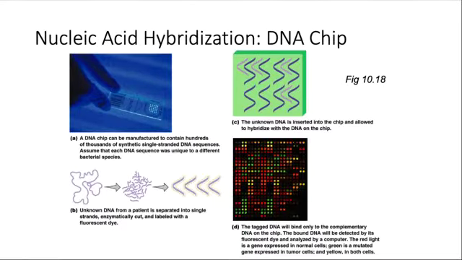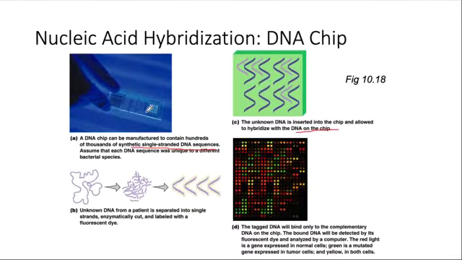So for the DNA chip, this is how it works. You would have a DNA chip, as you have in the picture, that will be manufactured mainly by industries. The goal is to have single-stranded DNA sequences that, let's say, are very specific to different bacterial species. If you have an unknown DNA of a bacteria and you want to find out what kind of bacteria it is, you would introduce it onto the chip.